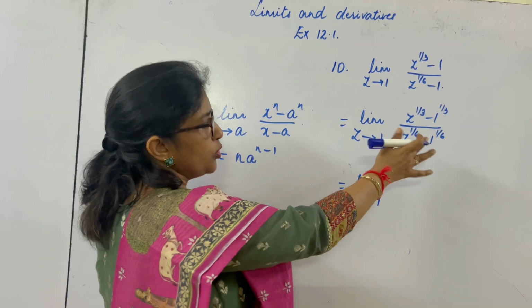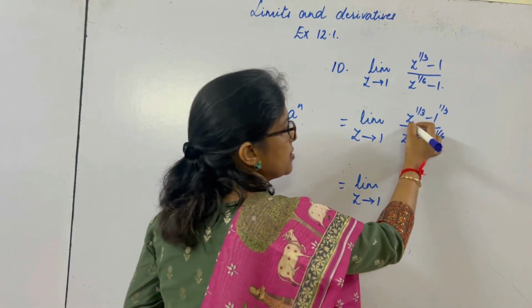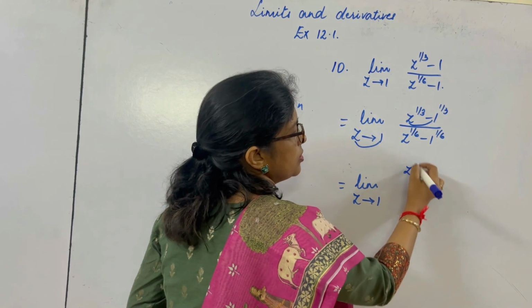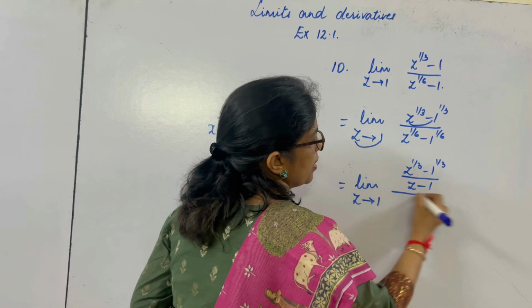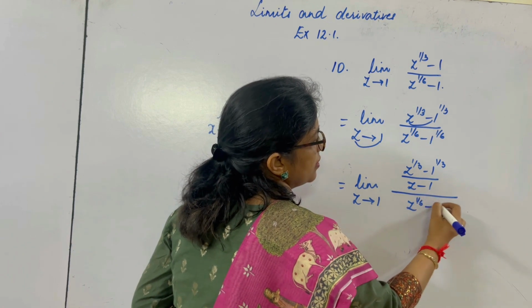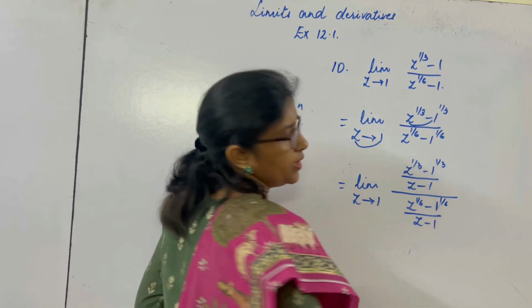Now, if I want to apply the formula, I need these values to be the same. Okay, fine, this is the same. But then I also want z minus 1 in the denominator. So, I am going to divide the numerator and the denominator both by z minus 1.